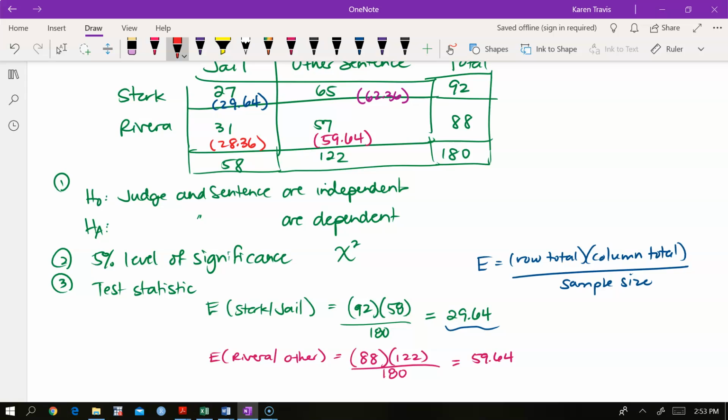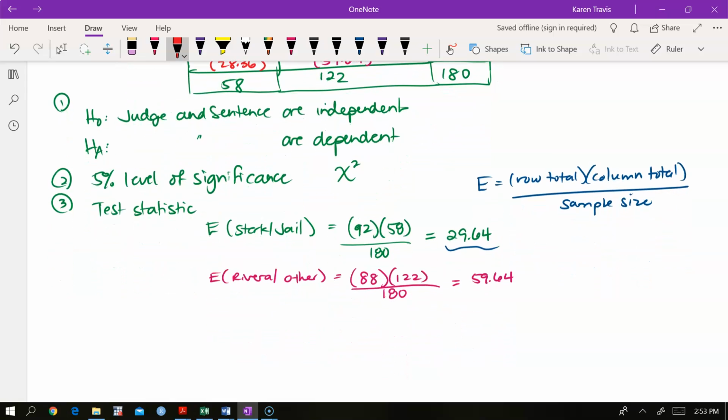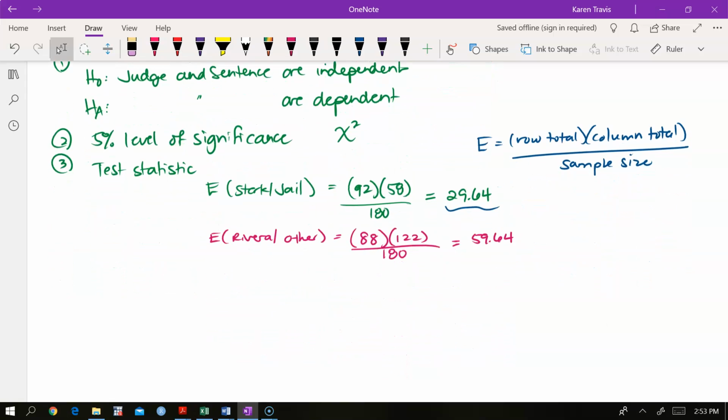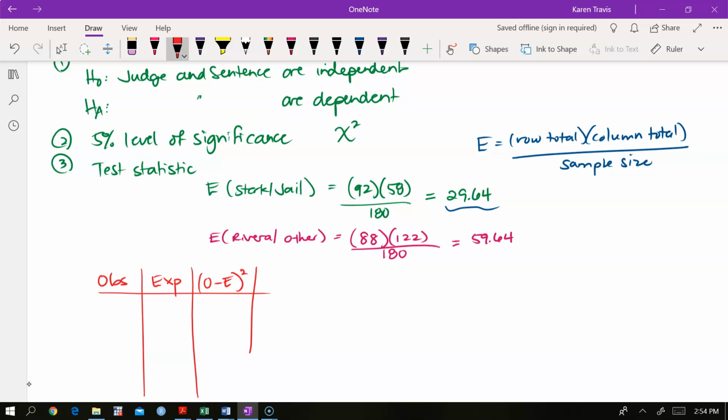So remember that we can construct a table to find our test statistic. The test statistic needs a column of observed, a column of expected. If you want, you could do observed minus expected squared and observed minus expected squared divided by expected.